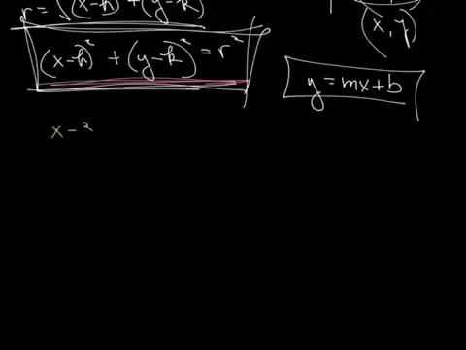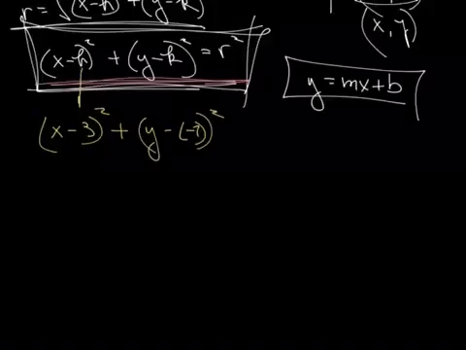So 3 goes in here for h, plus y, and what do we have? We have a -7. I'm going to put, and this whole thing is squared, and that equals r squared, the radius squared. Do we know what the radius is? 5.